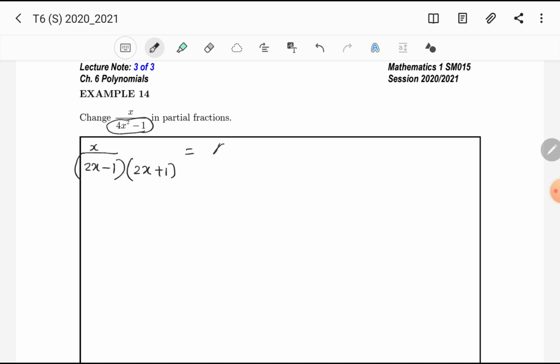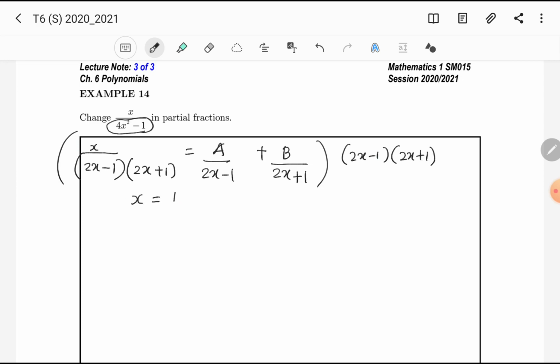So, akan dapat A over 2x minus 1 plus B over 2x plus 1. Okay. Next, by equating the denominator. Okay, kita tulis kat tepi sana. So, kita akan dapat x equals to A times 2x plus 1 plus B times 2x minus 1.